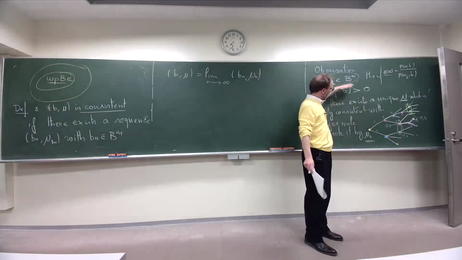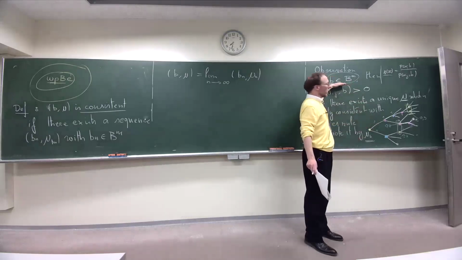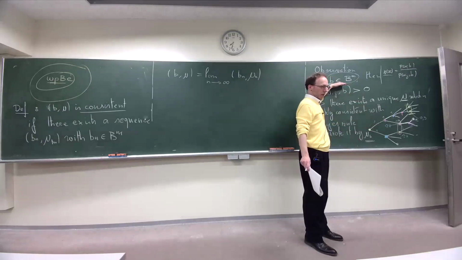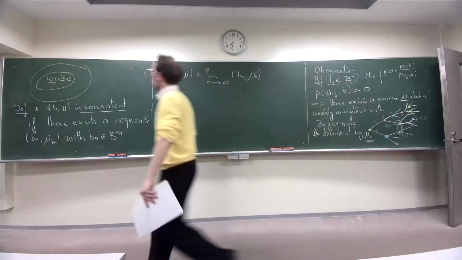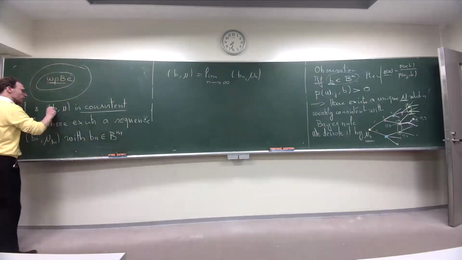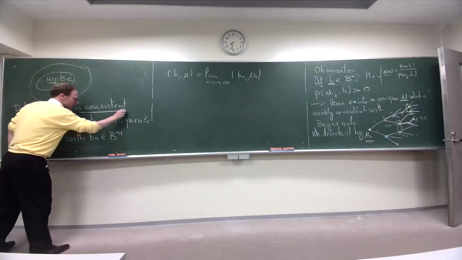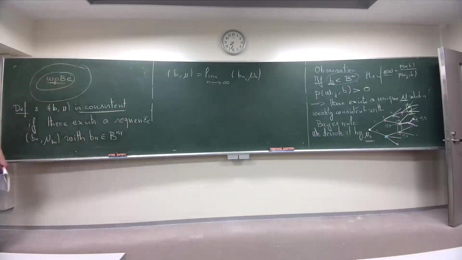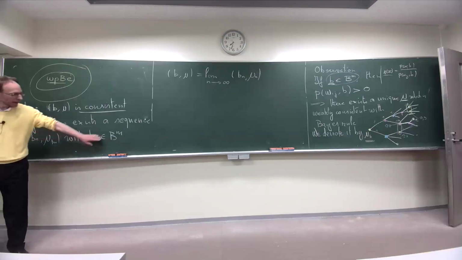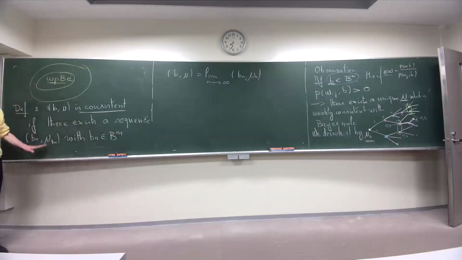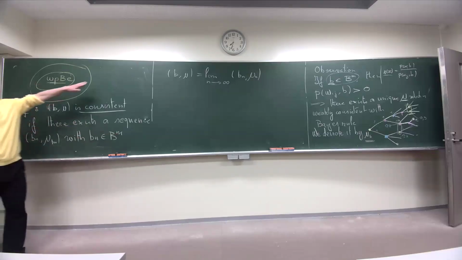It fully defines mu only under this condition. So I'm going to say now that B mu is consistent if you can approximate it by some mu Bn, with Bn completely mixed, so mu is fully defined. And as I said, you approximate.